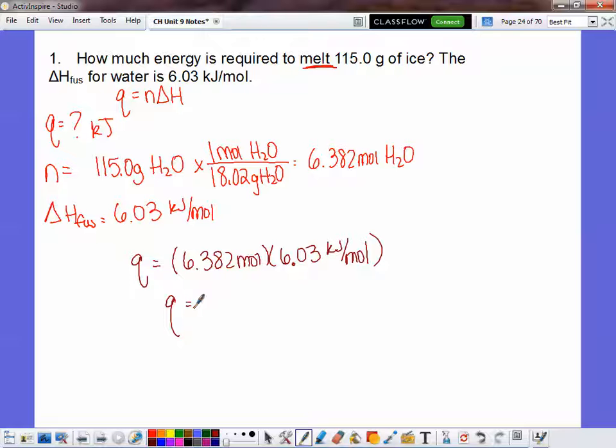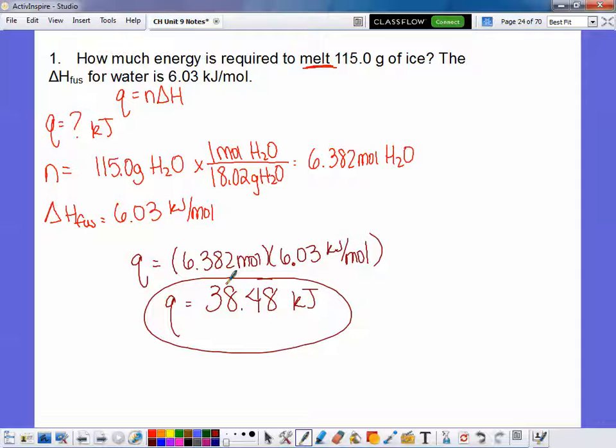Okay? What do we get? 38.48 kilojoules. So that's how much energy you would need to add to 115 grams of ice to make it melt.